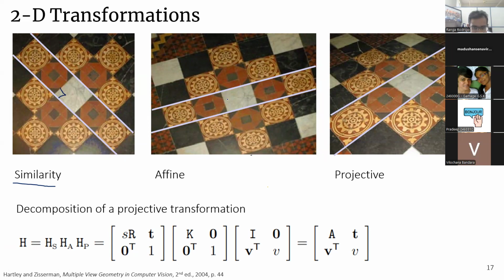But here, the angles are not 90 degrees anymore, but the lines are still parallel. But if you take the so-called homography, projective transformation, the lines are not parallel. You can see that they are not parallel, right?